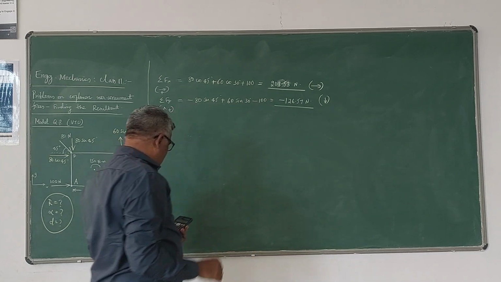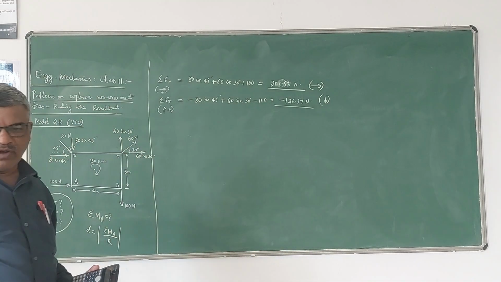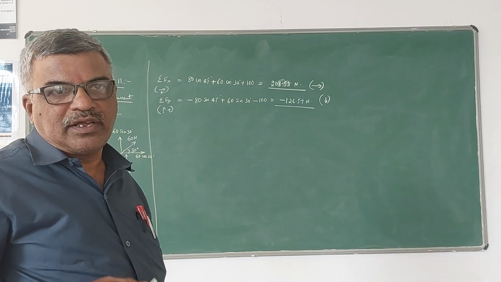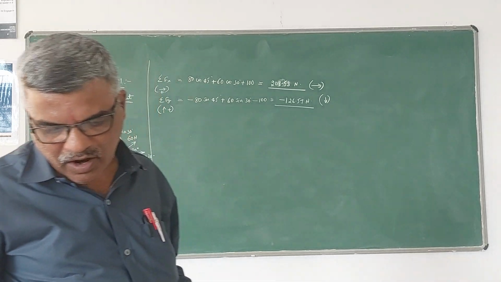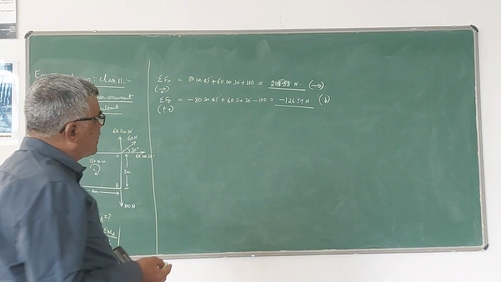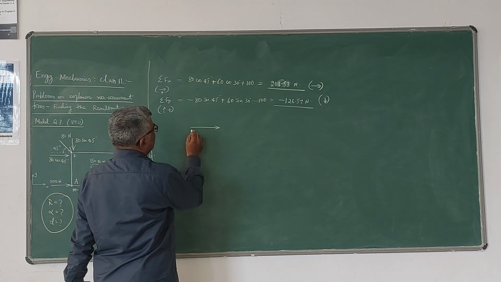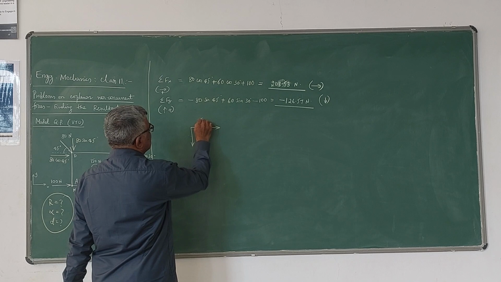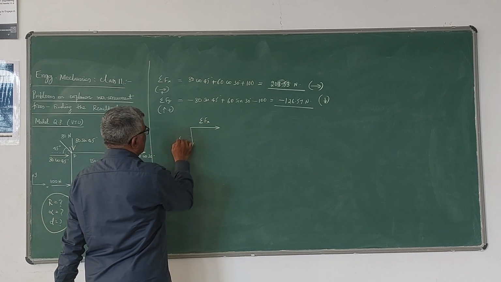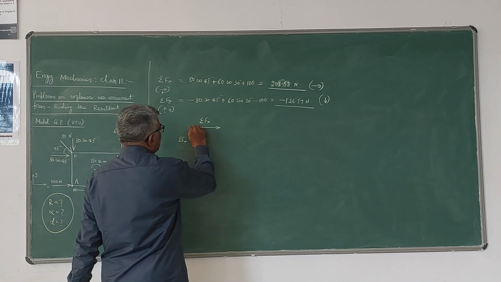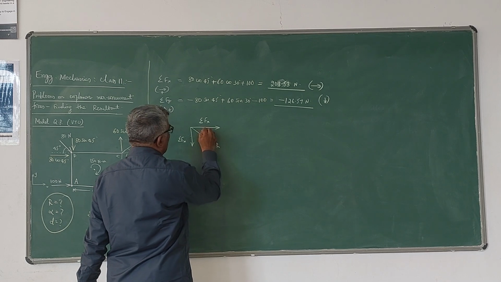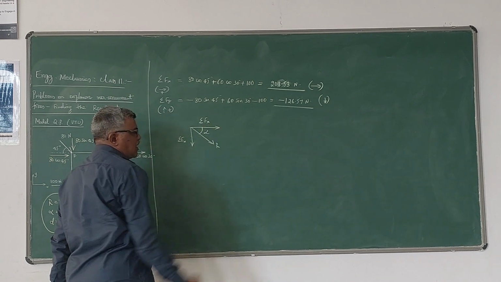So once you know the directions of sigma Fx and sigma Fy, you can fix the quadrant of R. Here you can see sigma Fx is positive, sigma Fy is negative. Therefore R lies in the fourth quadrant, and the angle made by R with x-axis is alpha.